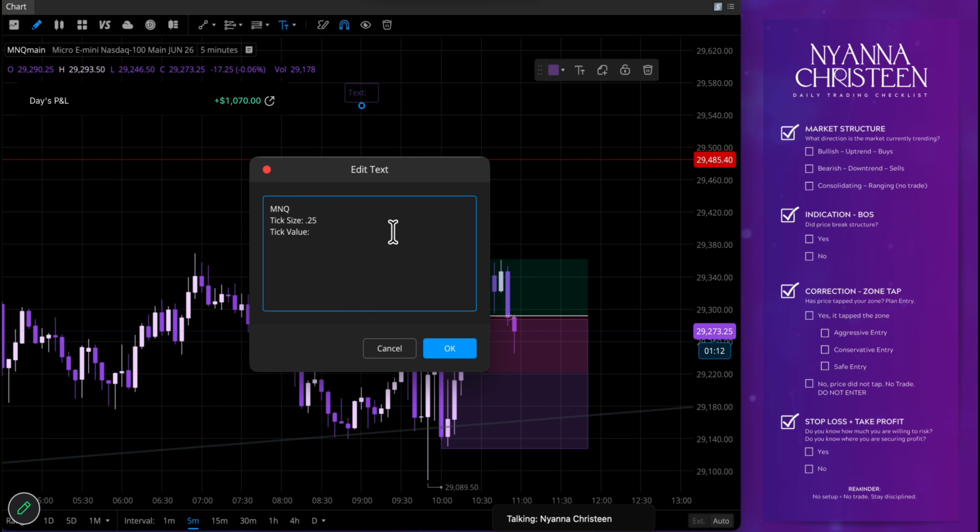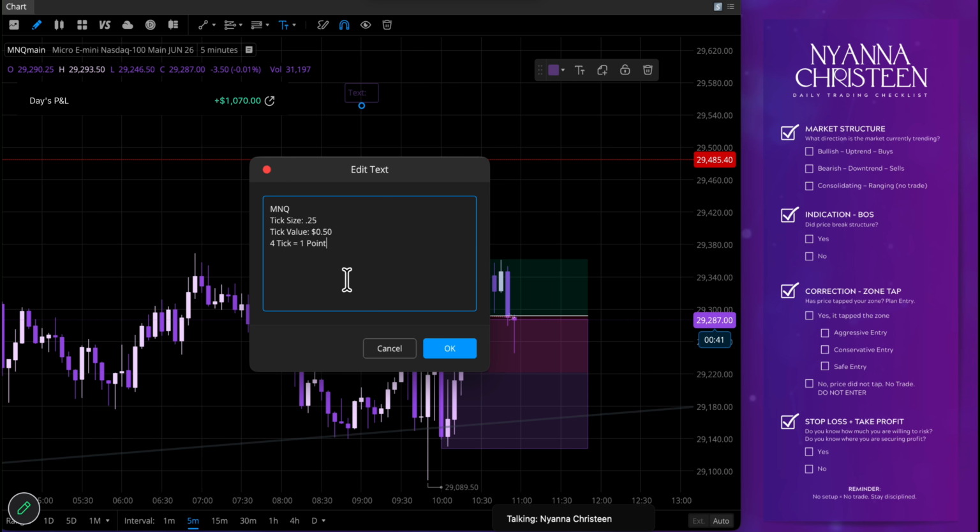Hold on. That was a 50 cent move. The tick size is 0.25. And then also, 4 ticks is equal to 1 point, because remember, it moves 0.25. In order to make $1, 4 quarters equal $1. So 4 ticks equals 1 point.